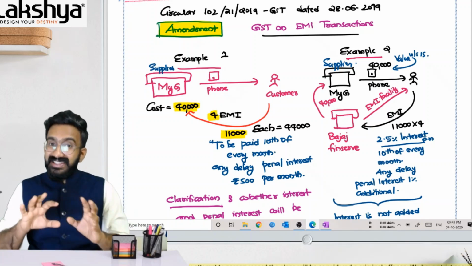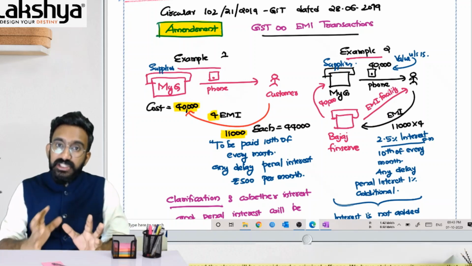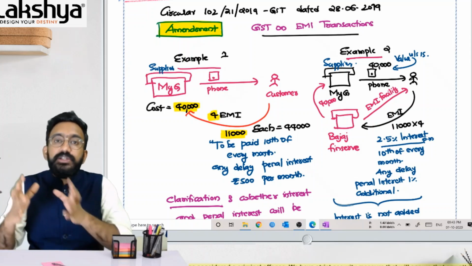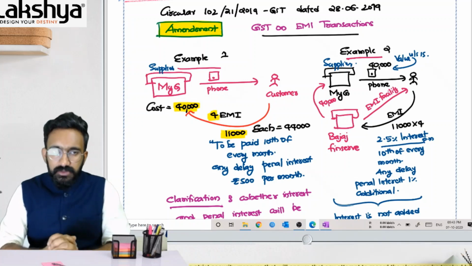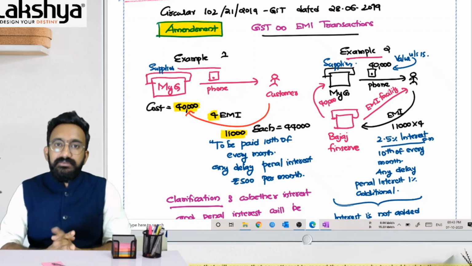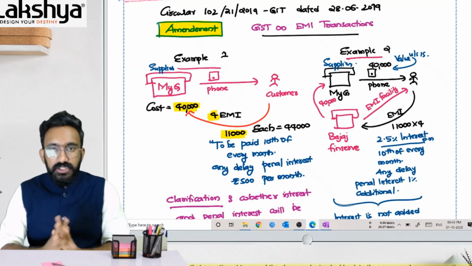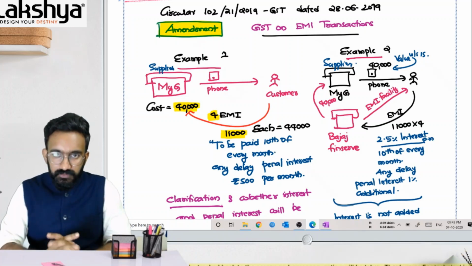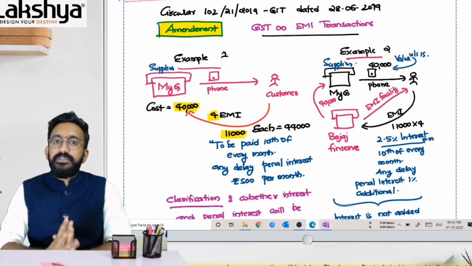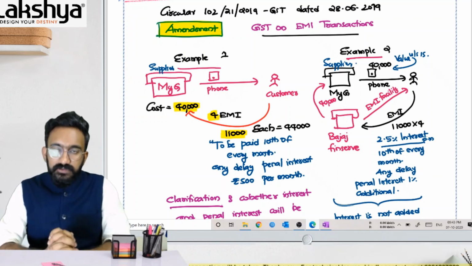Option number 2, or the same transaction can be structured in a different way. How is it going to be different? In second type of transaction, what MyG can tell you is that, see, I have a tie-up with Bajaj Finserv, which is a finance company. What you have to do is that you have to just have a card of Bajaj Finserv.